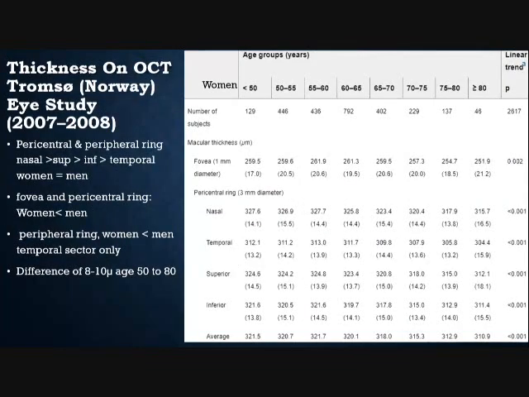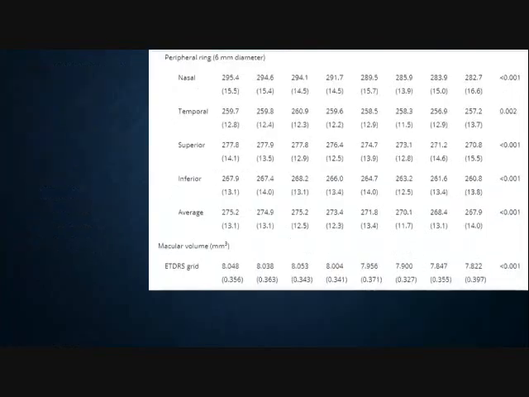Now, this is a study which shows that with age, the thickness of the fovea and the macula decreases. So at the age of about 50, it is 259 microns, and 251 microns at the age of 80. This is true for each quadrant and each sector, that the retinal thickness decreases with age.